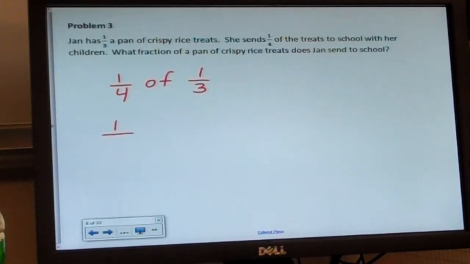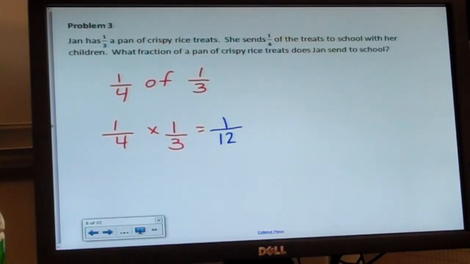So we said that this represents multiplication. So what is 1/4 times 1/3 equal to? Remember, we multiply our numerators, multiply our denominators. Matt? That will equal 1/12. 1/12, perfect. 1 times 1 is 1, 4 times 3 is 12.